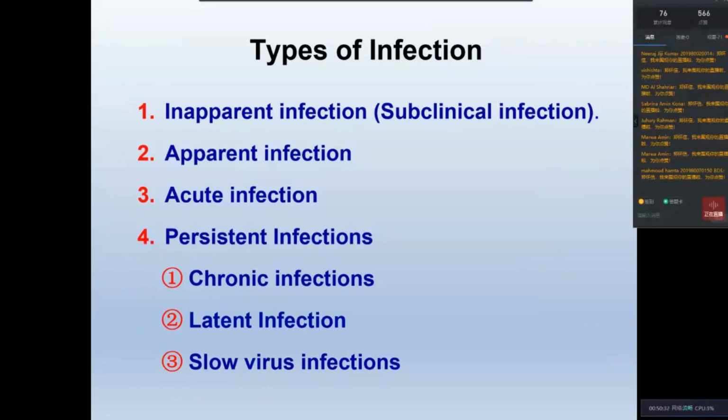For latent infection, one example is varicella zoster infection. The virus got two names, either varicella virus or zoster virus. But actually, there is only one virus there, but it can cause different symptoms.